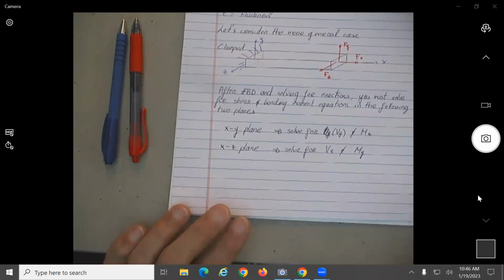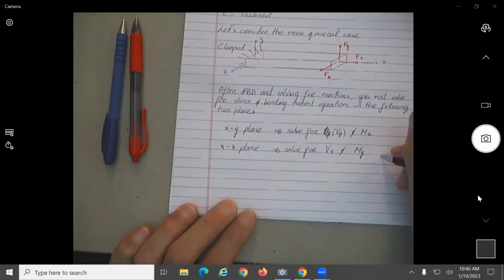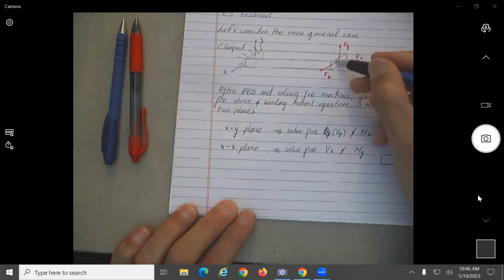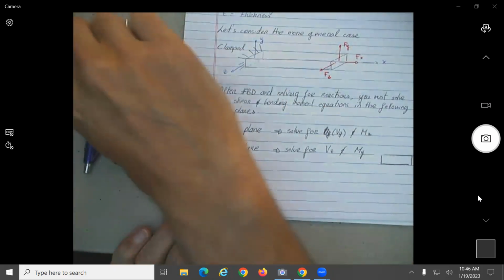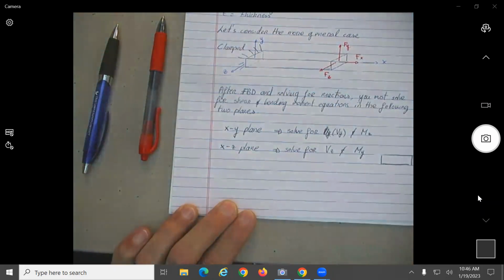Okay, let's see if I can put everything here. So if we look at the cross section, maybe I'm going to do it here. So this is the cross section over here, okay? So what would you have over here?